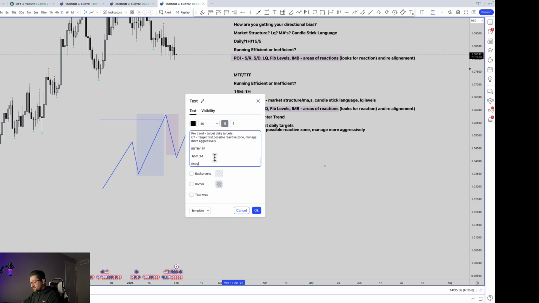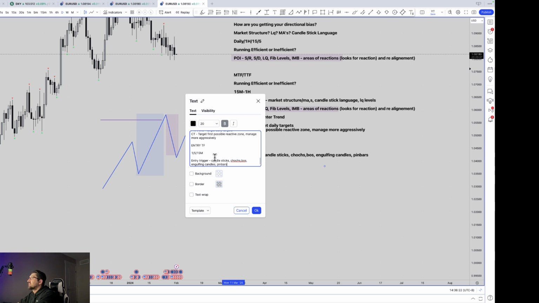Entry trigger. Again, candlesticks, chalks, bosses, engulfing candles, pin bars. I don't know who else uses what.